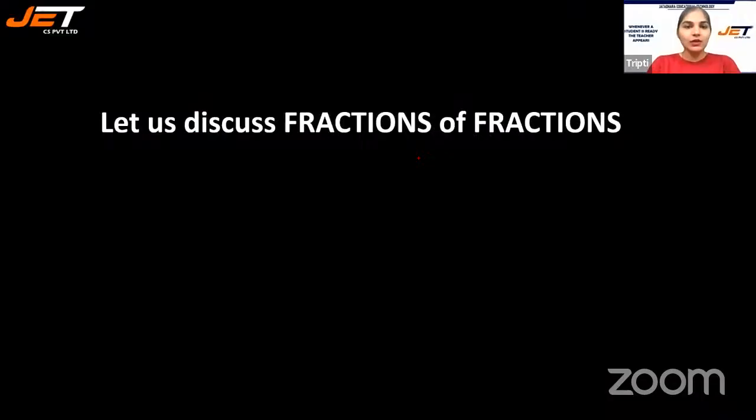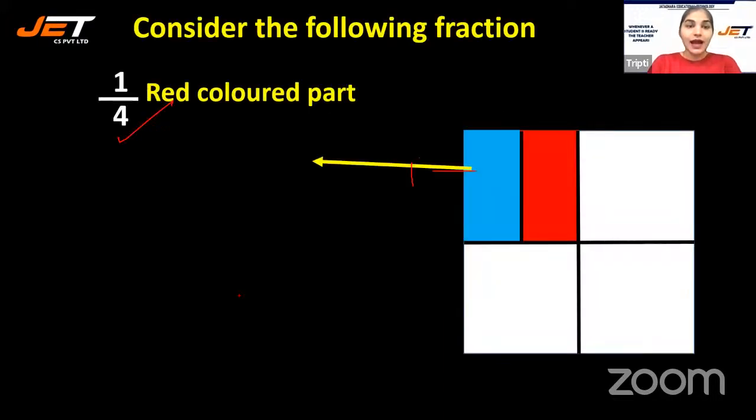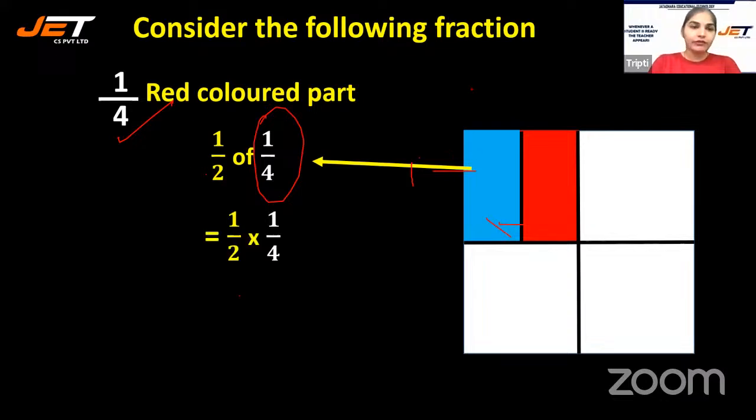This will be called one part out of the two equal parts of 1 by 4, half of the 1/4 part, because 1/4 was already there. I just did half of it, half of the 1/4 part. So half of means multiply. And this is 1 by 4, half of 1/4, which is 1 by 8.